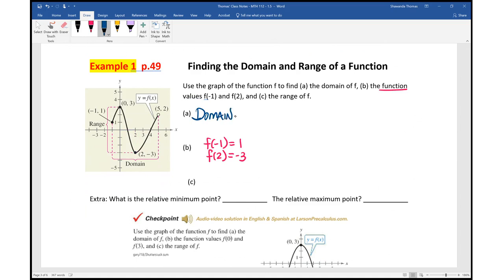All right, let's go over domain. Domain again are all of the x values. So what we're going to do is figure out the lowest x value to the highest x value.